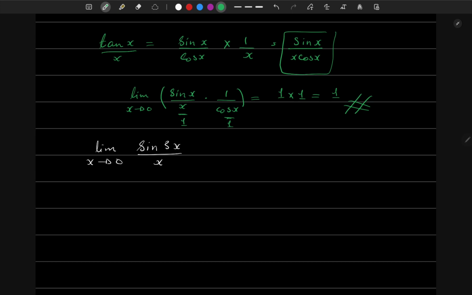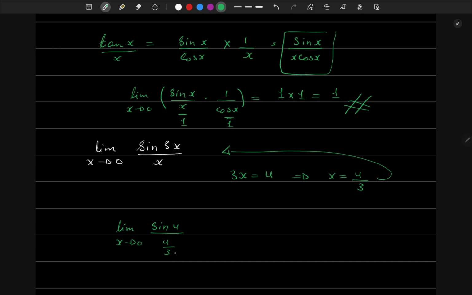What we can do here is say that 3x entirely equals u, and so x equals u divided by 3. And then substitute this. So it becomes the limit when x approaches 0 of sine u divided by u over 3.